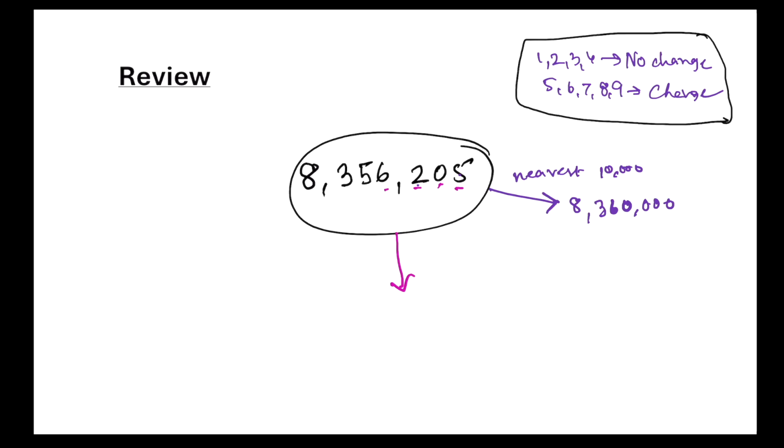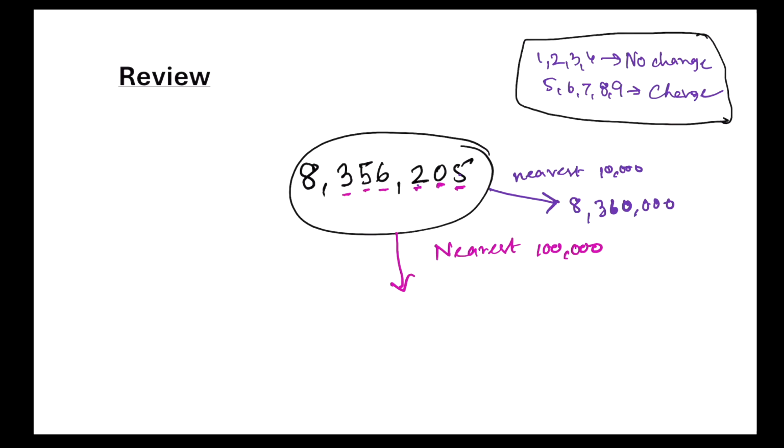Now we are going to round to the nearest 100,000. First, find out the digit of the 100,000 place. Ones, tens, hundreds, 1,000, 10,000, 100,000.